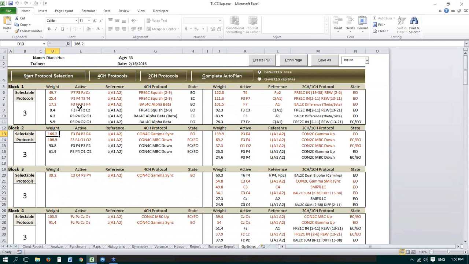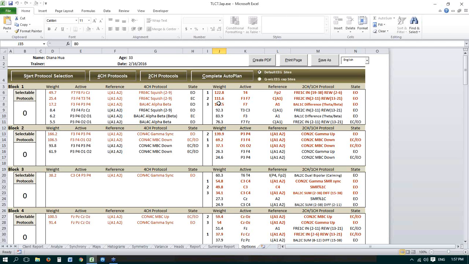It tells you what sites it would train. These are the 4 channel ones here, the 2 channel ones over here, and I could say I want a protocol, I want a training plan for a 2-channel amplifier. If I click on this, it will tell me these are the ones that it selects and that it recommends.